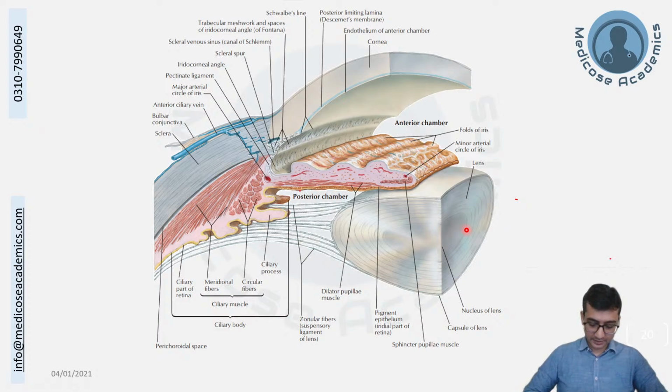The central part is the nucleus, and the periphery is those fibers, and they continue to get deposited throughout life, and that's why you get problems with focus in older age.